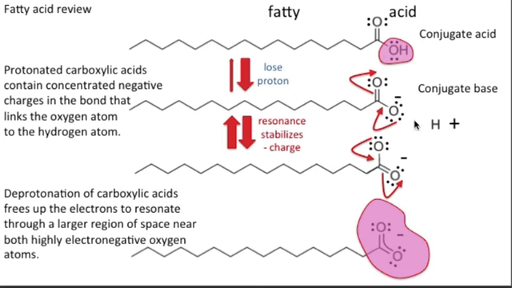But when you deprotonate it, those electrons can resonate down, another pair can resonate up, and these electrons can all assume these very large orbitals. The negative charge spreads out, so about 99% of a fatty acid will be in the deprotonated form.